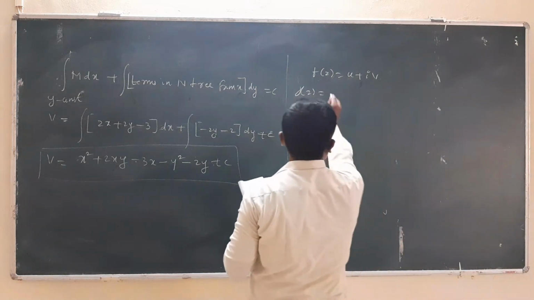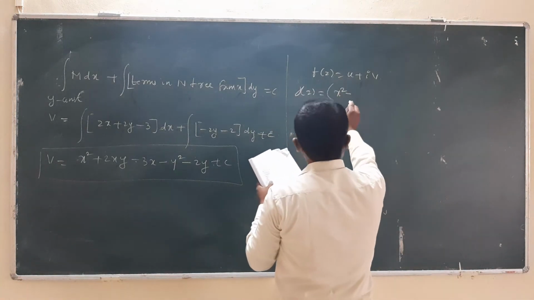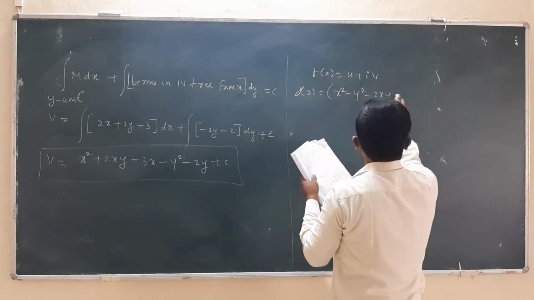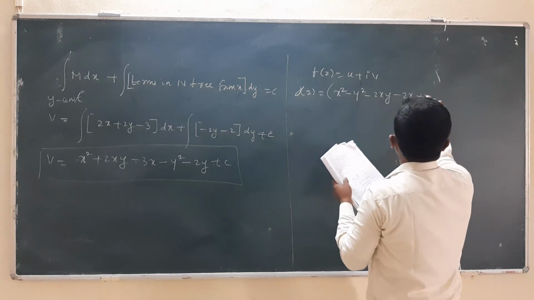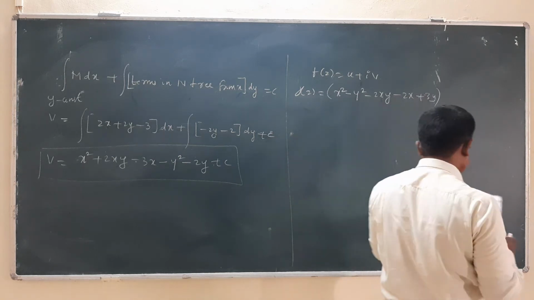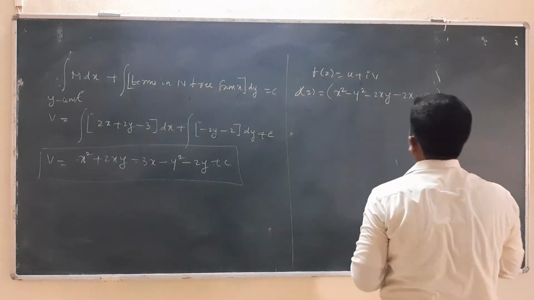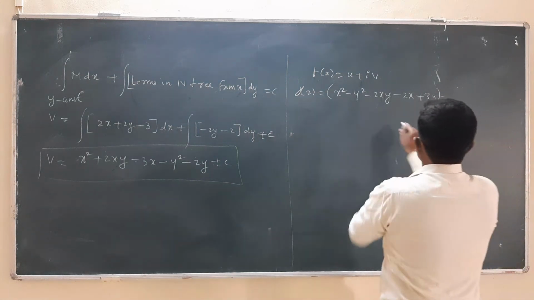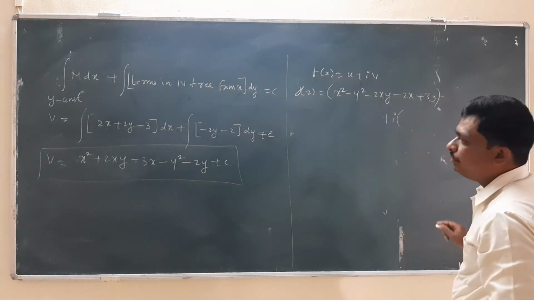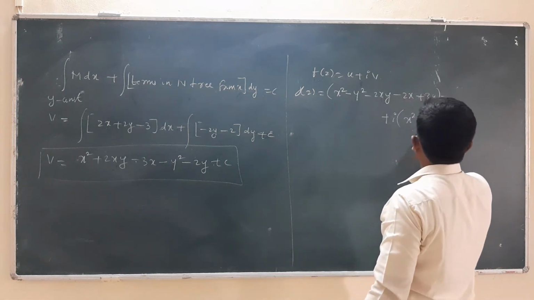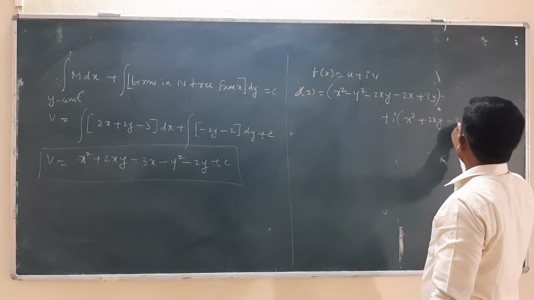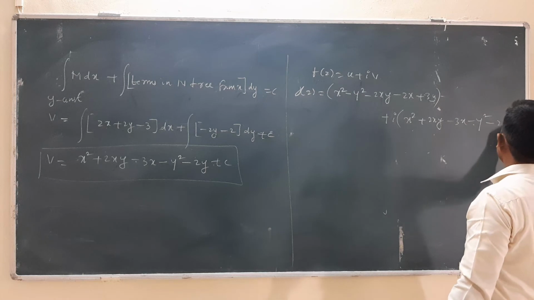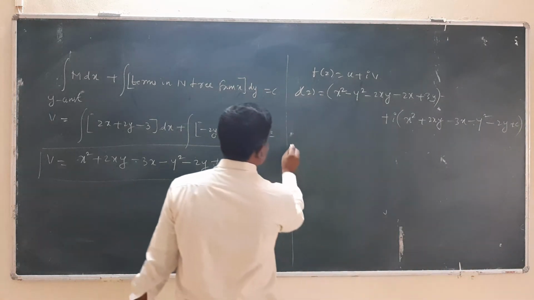Here u is x square minus y square minus 2xy minus 2x plus 3y, plus i into v, which is x square plus 2xy minus 3x minus y square minus 2y plus c. So I will simplify this one.